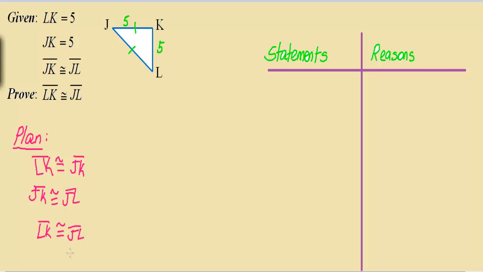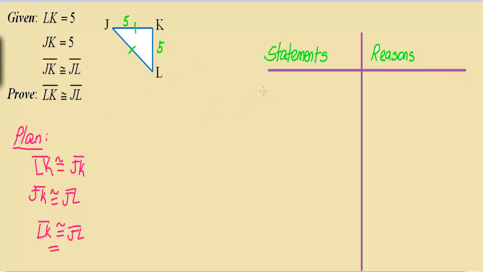Can you see that? And look, I've reached the proof statement. So here's my plan. The plan is write down the given statements, make a conclusion using the definition of congruent segments, and then use that other given information and use the transitive property of congruence, and you're done.